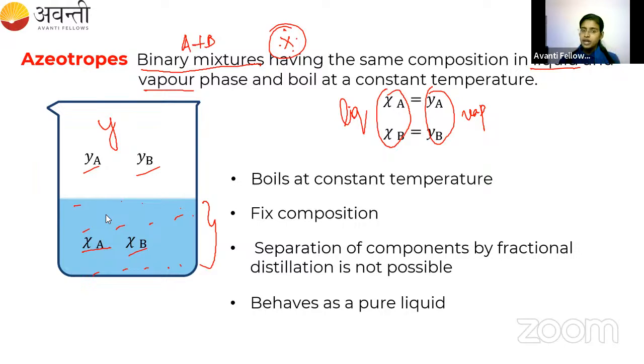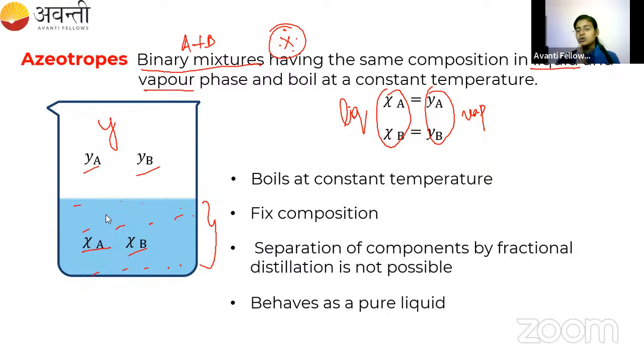YA is the mole fraction of A in vapor phase. YB is the mole fraction of B in vapor phase. Is that clear now? I hope it should be clear.